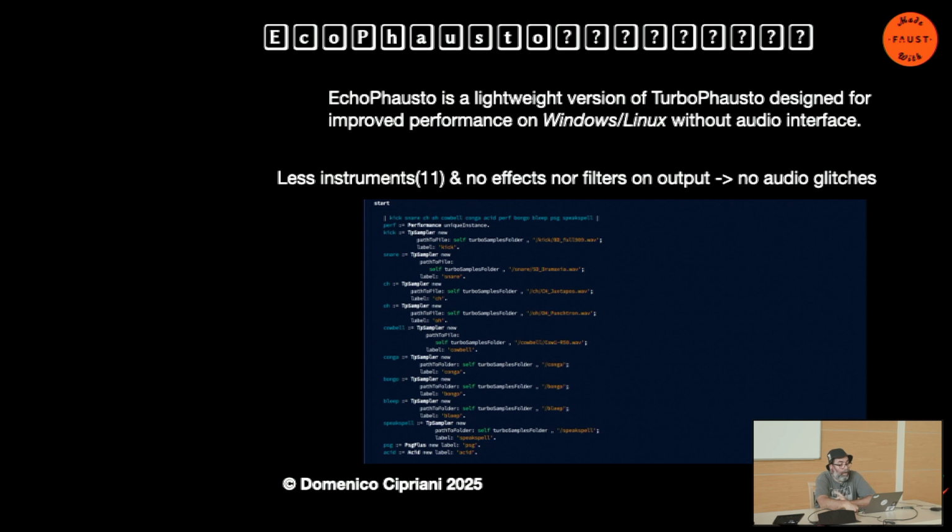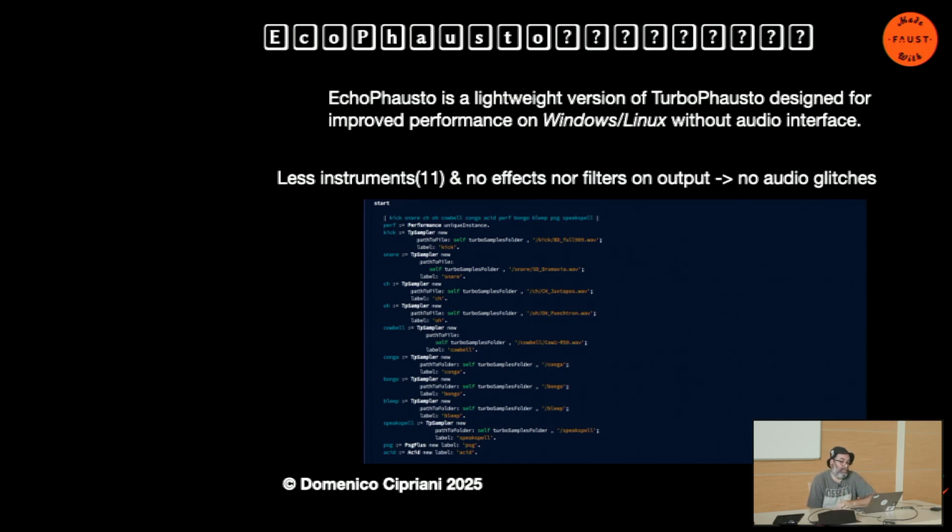Then also, I developed, for a workshop I did at the Festival della Robotica di Pisa, this Eco Faust. So Eco Faust is a lighter version of Turbo Faust that is designed to work with Windows and Linux without an audio interface. So I noticed that when you're using Turbo Faust with Windows without an audio interface, you have a lot of glitches.